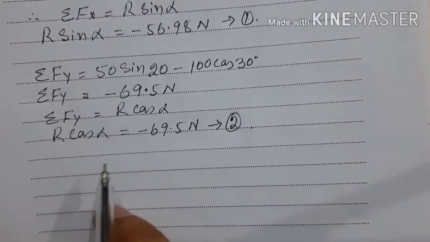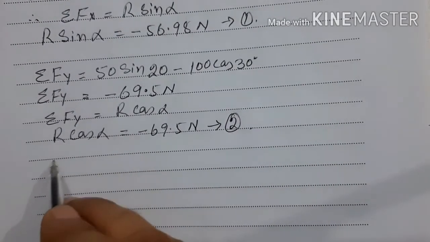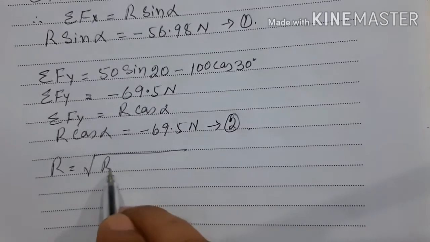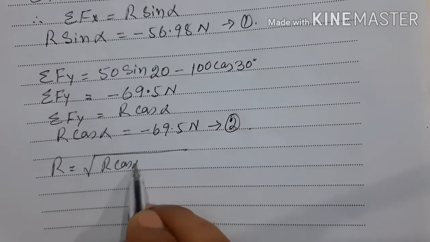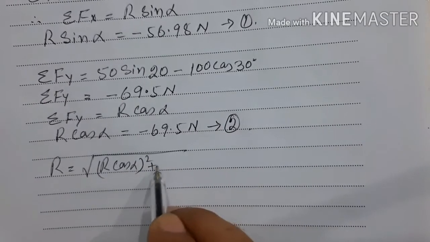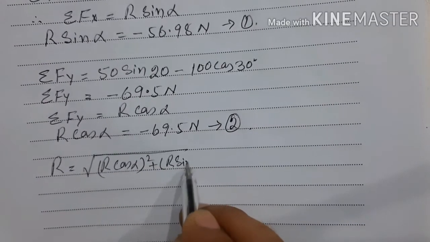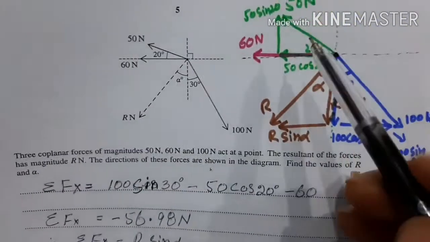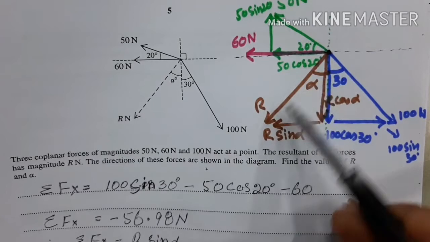Now, for the resultant force, we know that R is equal to the square root of (R cos alpha) squared plus (R sin alpha) squared, because if you see the figure, R is the hypotenuse.